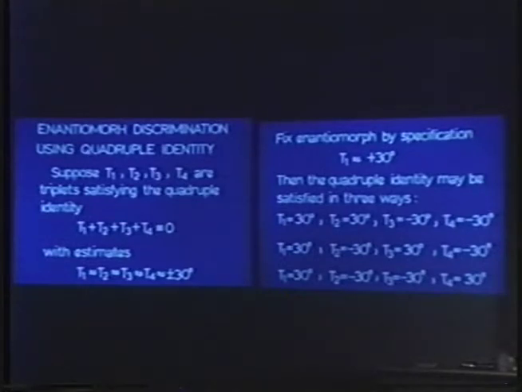So in fixing the enantiomorph, we have a double problem. We have to fix a consistent set of signs to the structure invariants, consistent with a specified enantiomorph, and then we have to adjust their values in some sort of a least square sense so that this identity is exactly fulfilled. The triplets then are seen to be a very poor way to resolve this problem of enantiomorph specification.